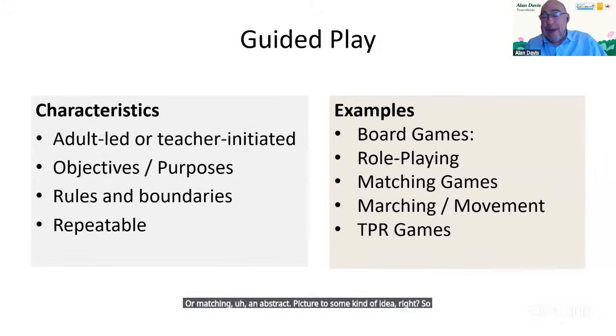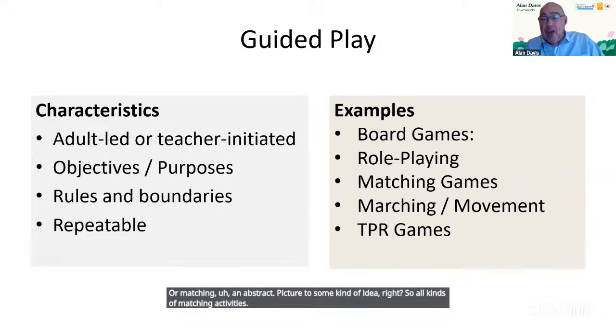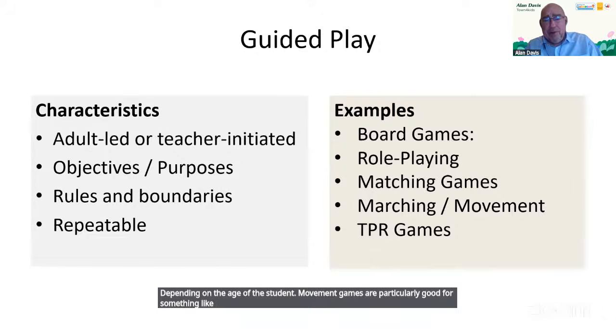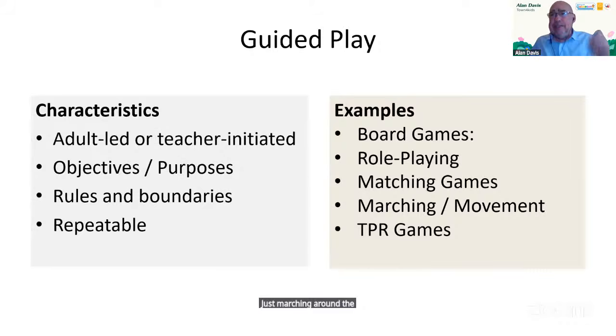So all kinds of matching activities depending on the age of the student. Movement games are particularly good for something like a 3 or 4-year-old, where just marching around the room is a nice activity for a 3-year-old. So marching around the room and pointing at different colors or things.